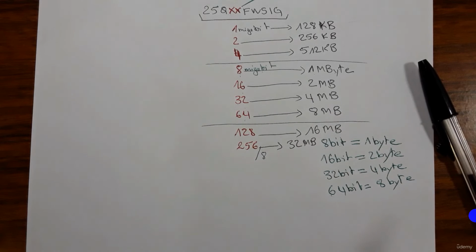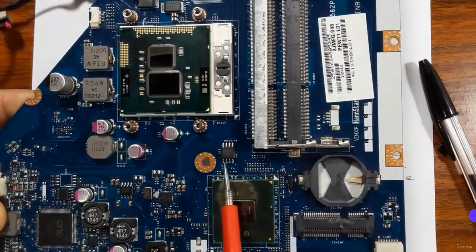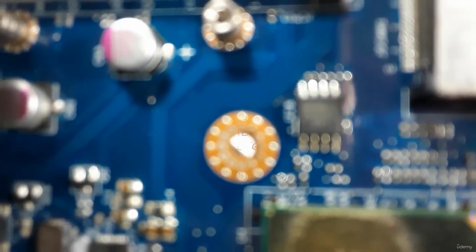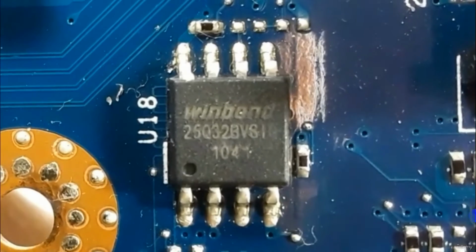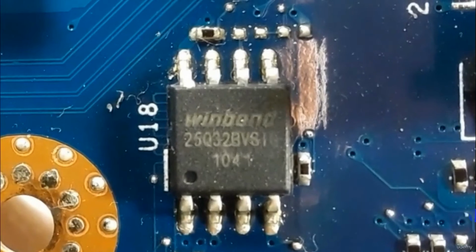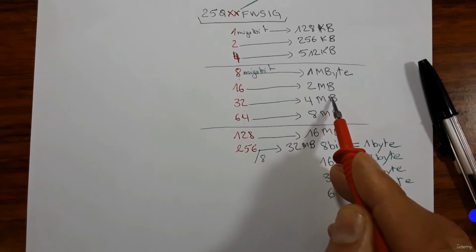Okay, so let's check another motherboard. So for example, for this motherboard, as you can see, we have here the BIOS. So let's check its reference and then its size. So as you can see here, we have 25Q32. Okay, Q32. So 32 here means 4 megabytes.